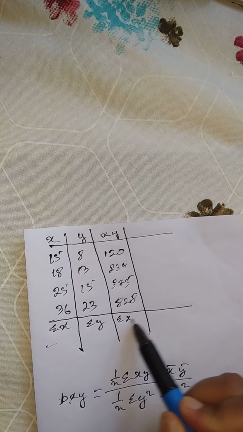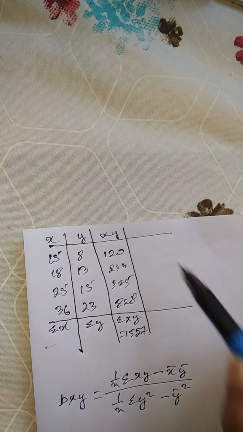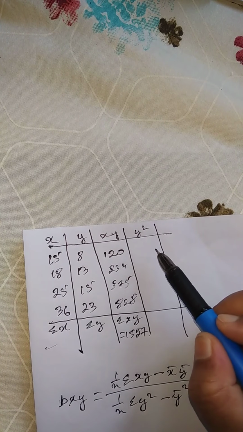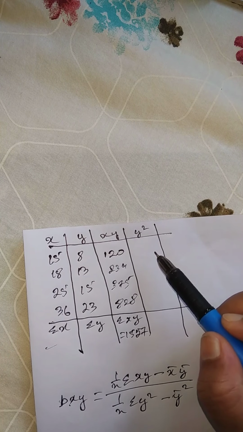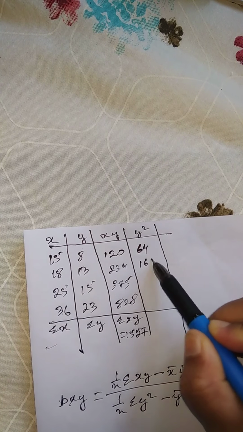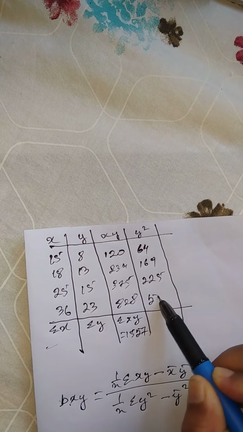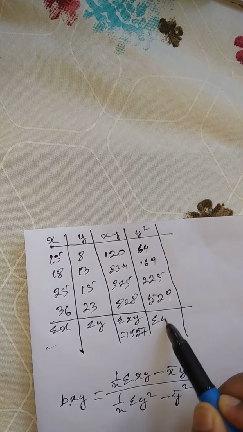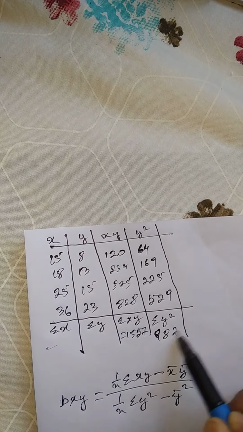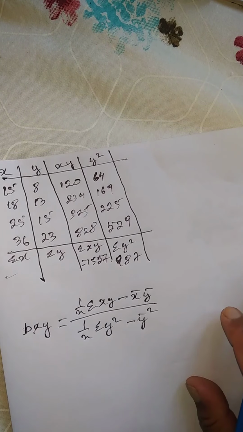So you will get summation xy as 1577. Then y square is equal to 64, 169, 225, 529. Summation y square is equal to 987.